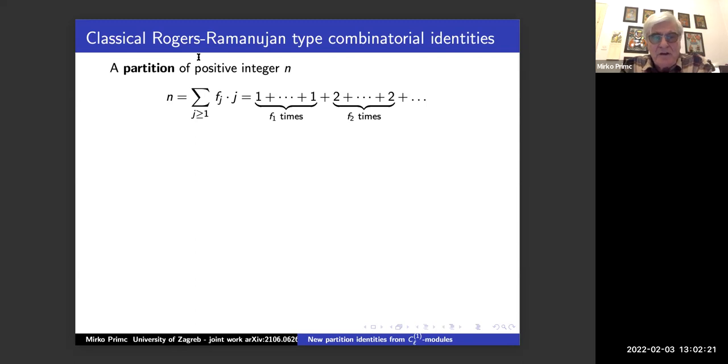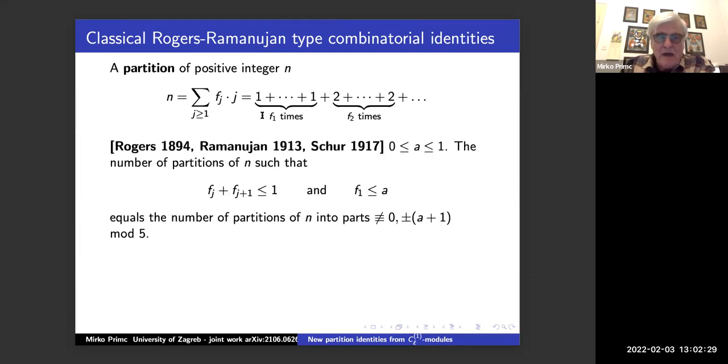Okay, so classical Rogers-Ramanujan type combinatorial identities. I'll write a partition in terms of frequencies of the parts that appear. The Rogers-Ramanujan identities are two identities for a equals 0 or 1. They say that the number of partitions of n such that this difference condition holds, f_{j+1} is less or equal to 1, and that this initial condition holds, f_1 is less or equal to a, equals the number of partitions of n into parts satisfying this congruence condition.